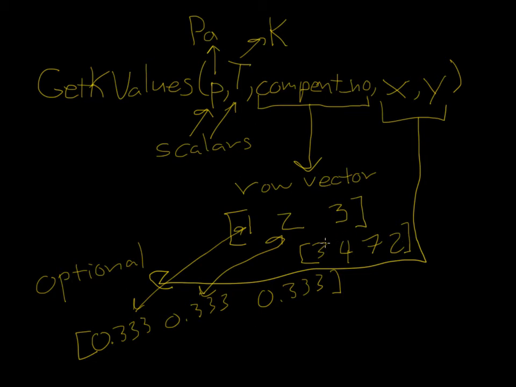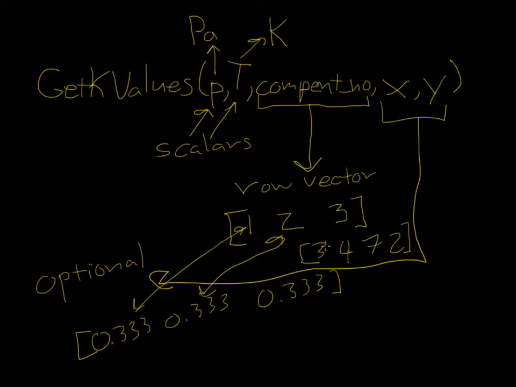So they refer to the labels for these chemical components in a database. The order of this component number vector is going to define what component we're referring to when we use our composition vectors, and it will also define what k value corresponds to what component when we get the output from this get k values function.